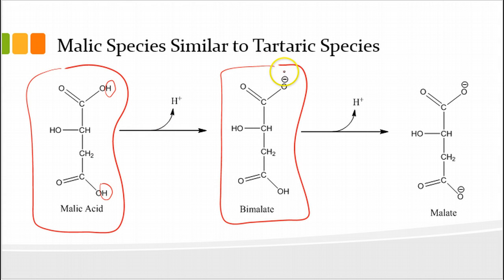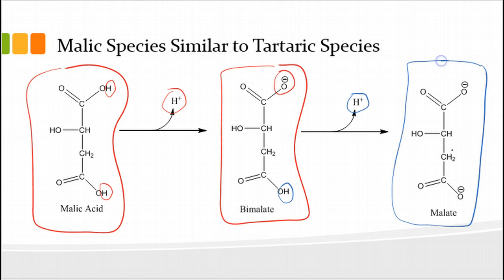So similar, just like we saw with tartaric, there's that negatively charged oxygen that results after the first proton comes off. And then bimalate can lose the other proton. Let's make it blue down here. So when that other proton comes off, you end up with malate, and you have the other negatively charged oxygen down there. All right, so same series as tartaric acid.